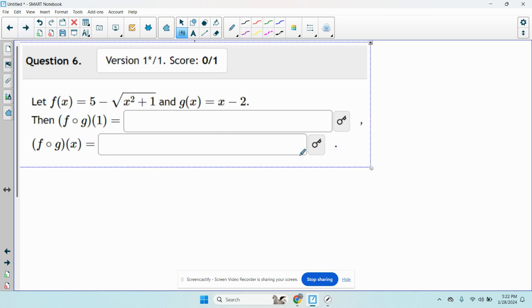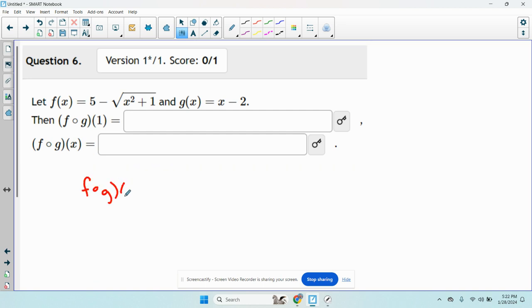Now, if I'm doing f composed with g of 1 and f composed with g of x, they want you to find f composed with g of 1 first. You could do that. Just know that when you see f composed with g of something, this is f of g of that thing.